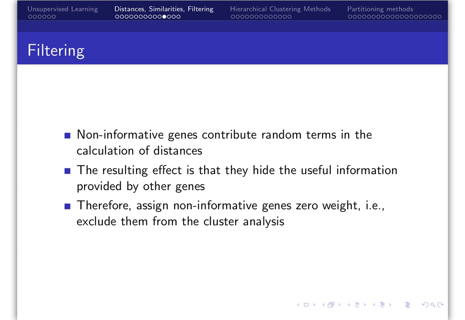Non-informative genes contribute random terms in the calculation of distance. The resulting effect is that they hide the useful information provided by other genes. Therefore, non-informative genes should be assigned a 0 weight for use by the clustering algorithm. This translates to excluding those data points from the cluster analysis. Gene filtering is performed on expression data in order to remove, as much as possible, sources of obscuring variation.